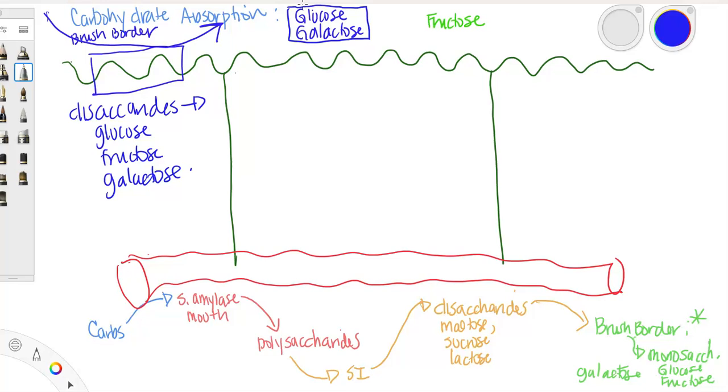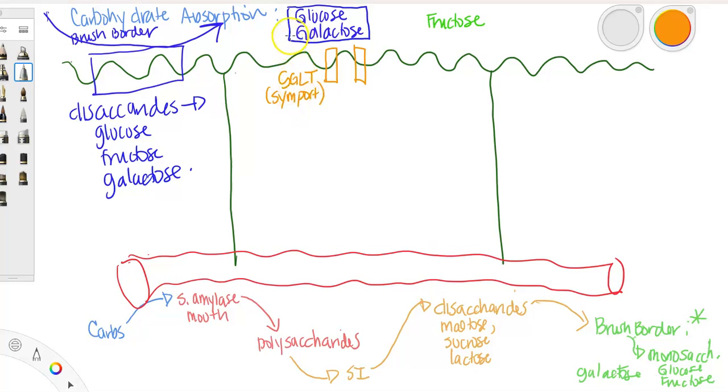Okay, so glucose and galactose enter the cell through secondary active transport. Basically there is a transporter on the cell membrane called SGLT, and this is a symport.